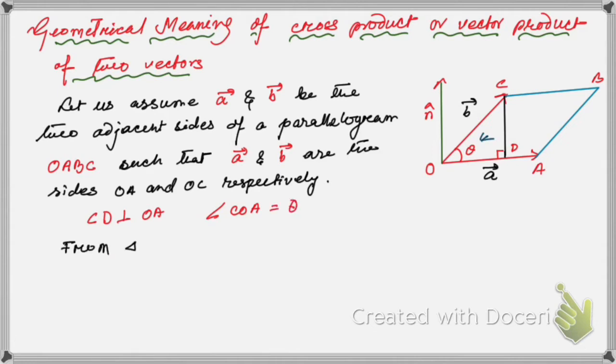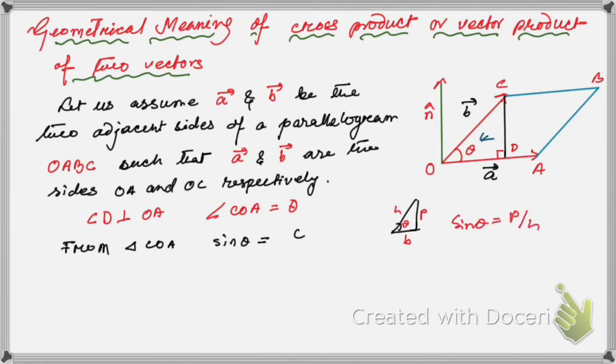Then, from this triangle COA, what can you write? Sine theta will be equal to what? We know that in a right angle triangle, if this is your theta, then this one is the perpendicular, this one the base, and this is the hypotenuse, and sine theta is perpendicular by hypotenuse.